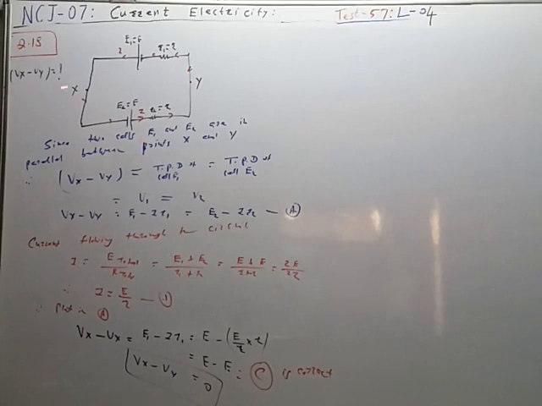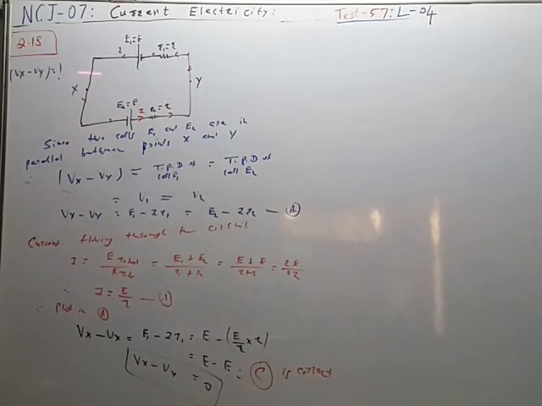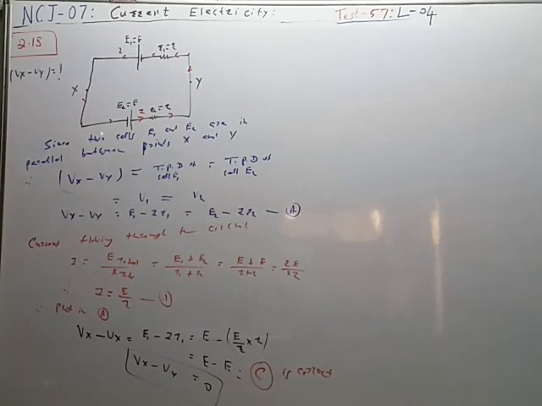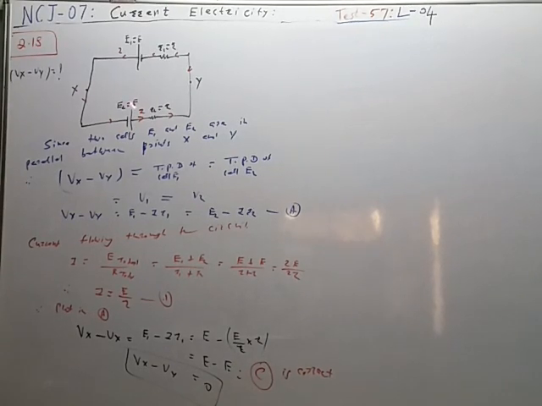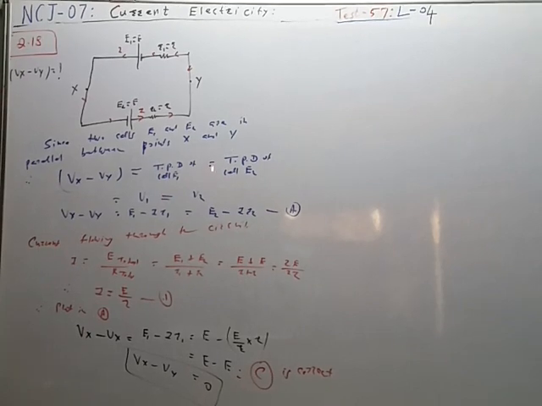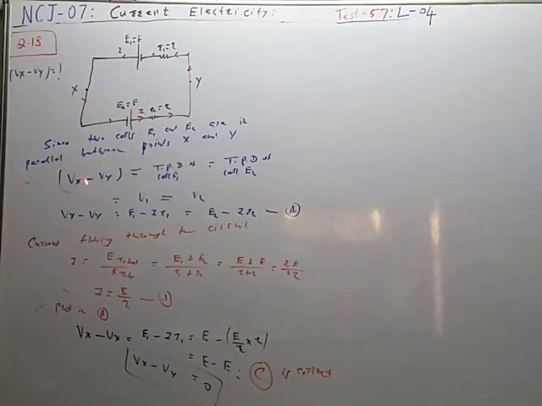Now, to find the potential difference between point X and Y. X and Y points are connected to the positive and negative terminals of the cell E1 as well as the positive and negative terminals of the cell E2, and therefore the terminal potential difference of the cell E1 and of the cell E2 are equal because they are joined at points X and Y. So Vx minus Vy is equal to TPD of cell E1 or TPD of cell E2, V1 is V2.